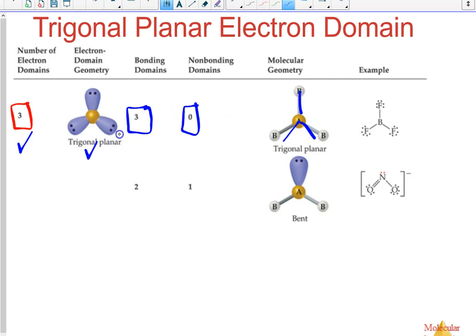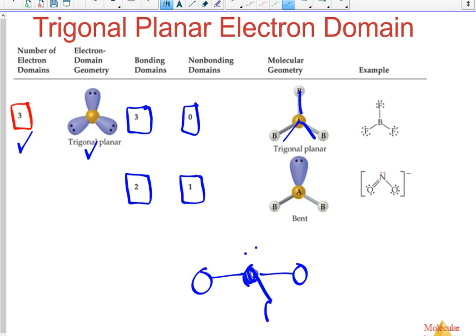Okay, you have trigonal planar, you have trigonal planar. But now, if you have 3 electron domains, but 2 of them are bonding, and 1 of them is non-bonding, we call this bent as well, because it should just be here to here to here, but this pair is squeezing them closer together, or bending the straight line.